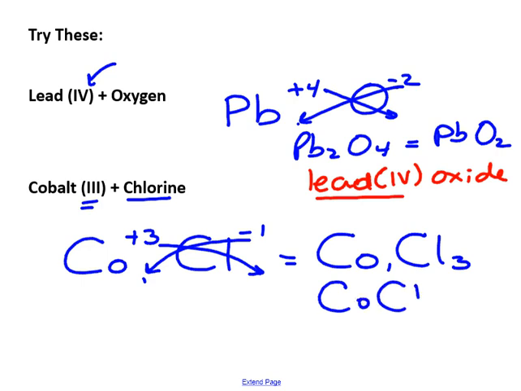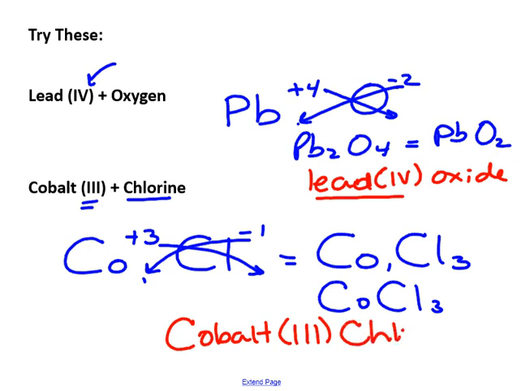Again, we don't write the number 1 in chemistry. It's just cobalt chloride written this way. But which cobalt did we use? His name, because cobalt has more than one charge, has to include a Roman numeral. This was cobalt whose charge was 3, cobalt-3 chloride.